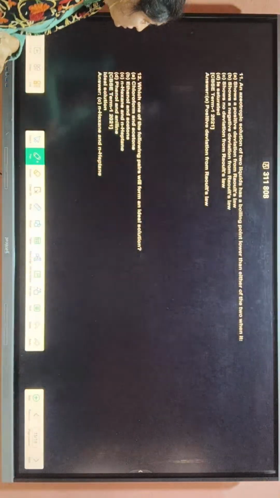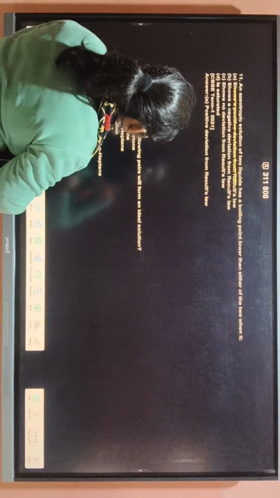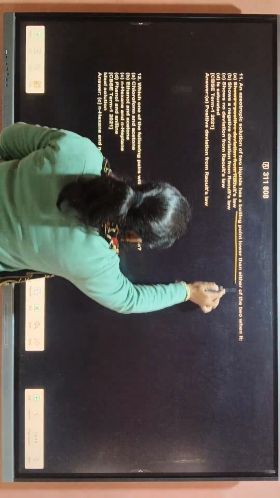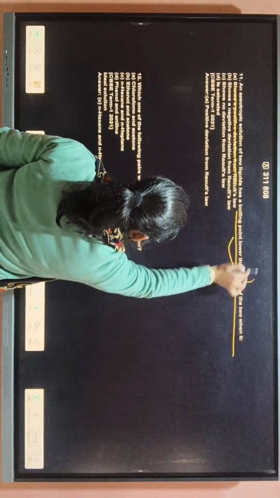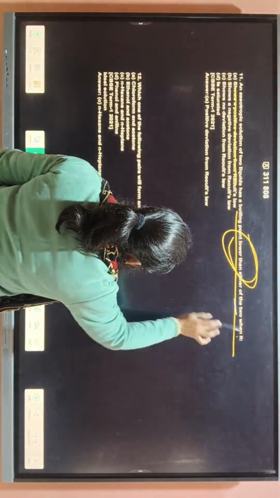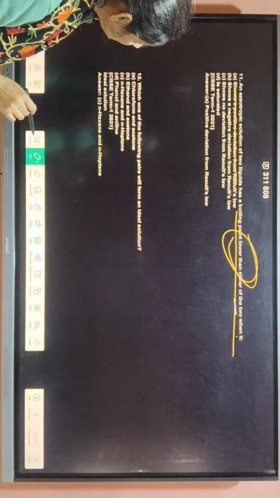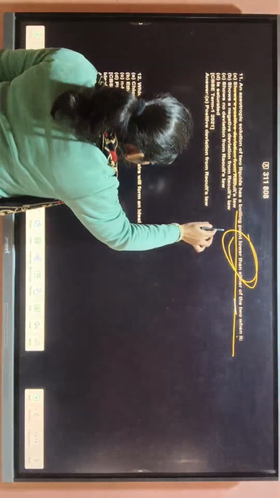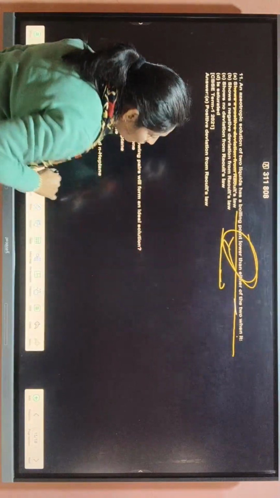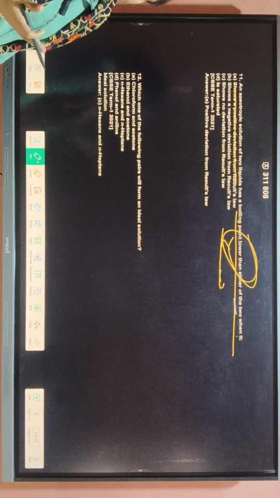Now students, our next question. An azeotropic solution of two liquids has a boiling point lower than either of the two when it is... Students, when will the boiling point be lower? When your solution shows positive deviation.